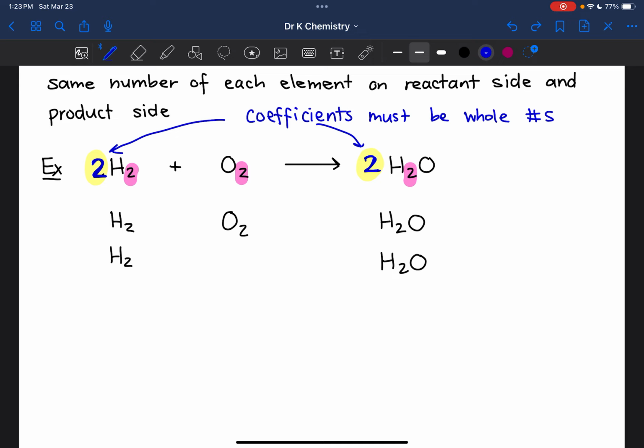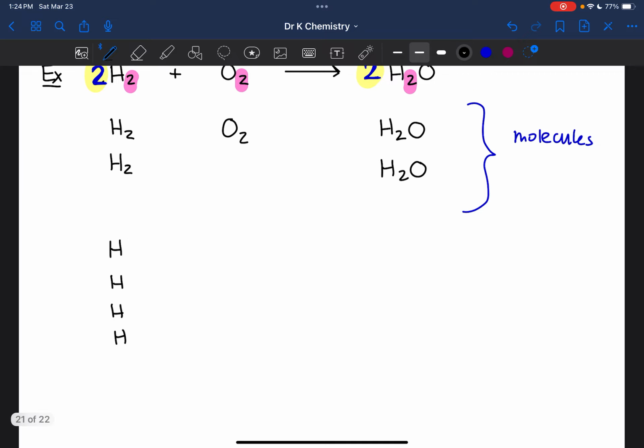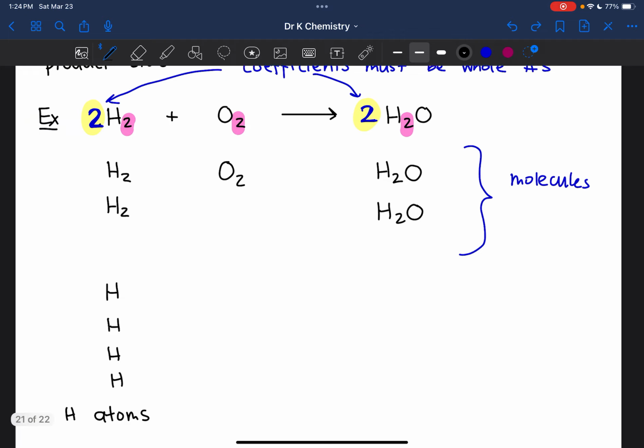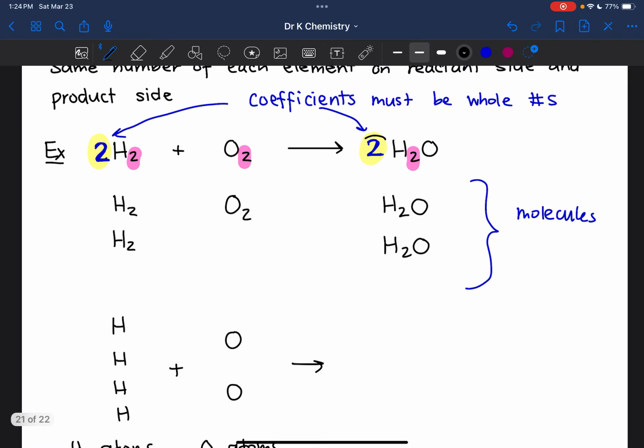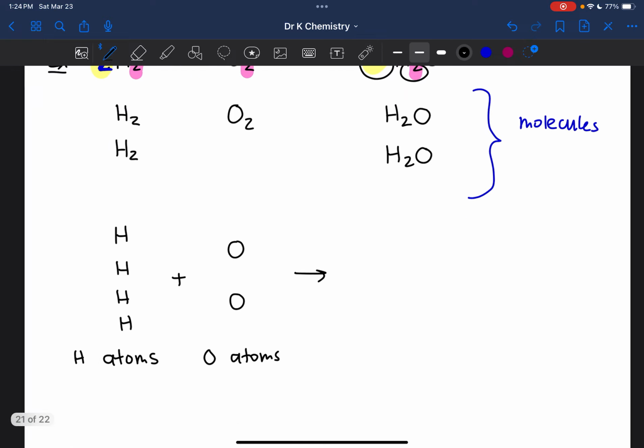We could also do this with atoms. So these are all referring to molecules on both sides. We could do this with atoms. We're multiplying 2 hydrogen atoms by 2. So this really means that we have 4 hydrogen atoms reacting with 2 oxygen atoms to produce 2 times 2, 4 hydrogens.